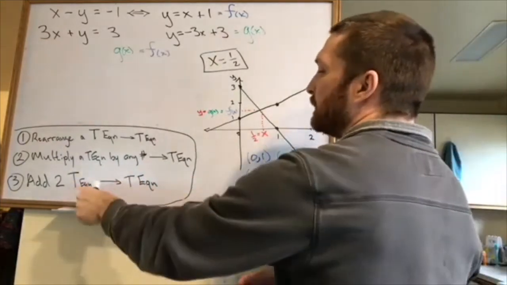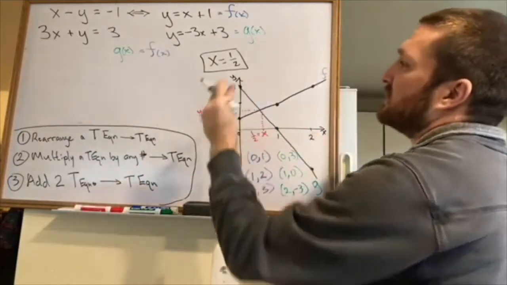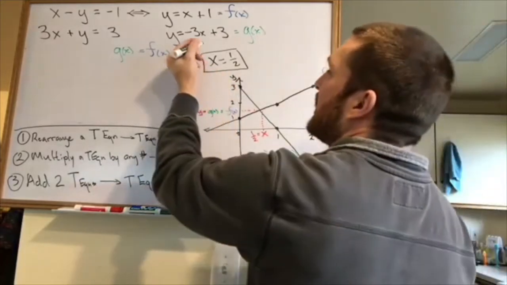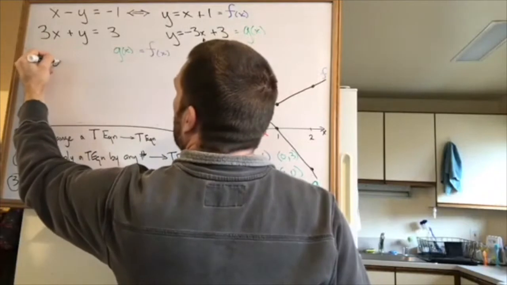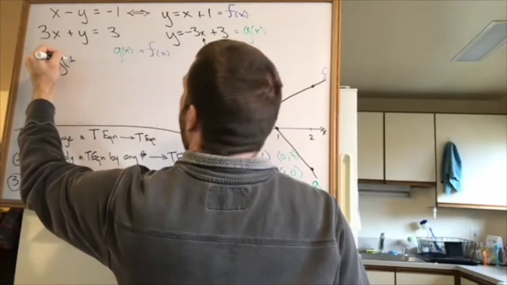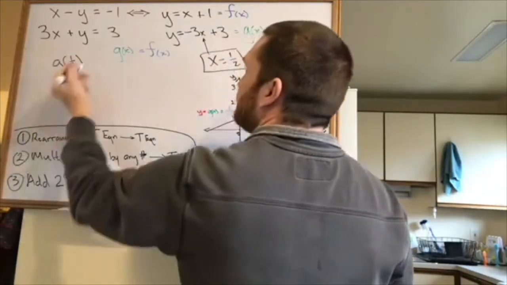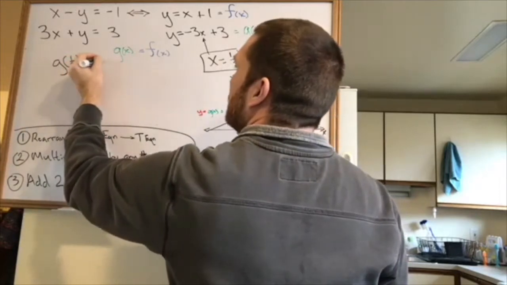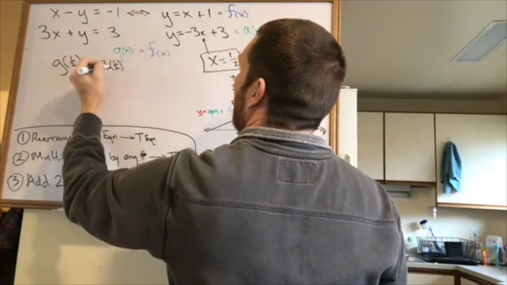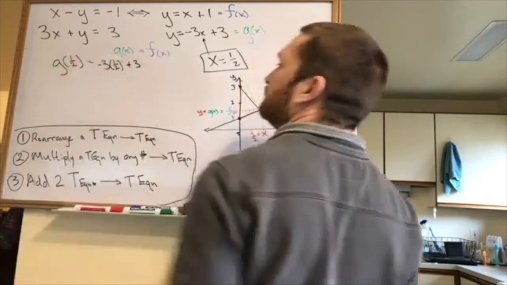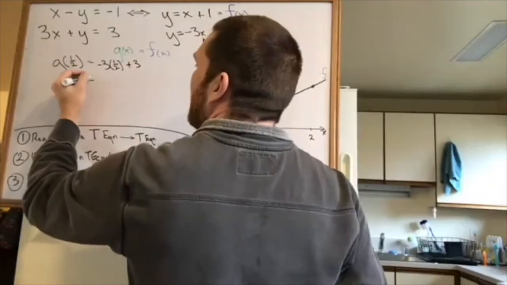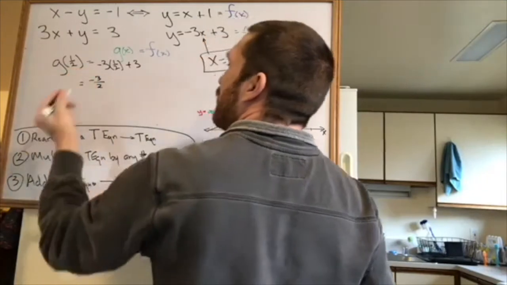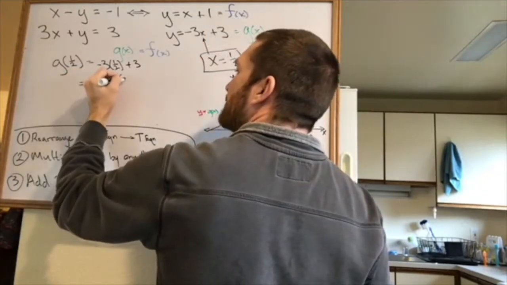Let's do g first, since it's on the left. When I take x and plug it in, g of 1/2 is equal to -3 times 1/2 plus 3. -3 times 1/2 is -3 halves. 3 is the same thing as 6/2.